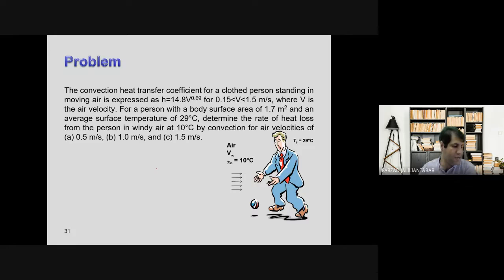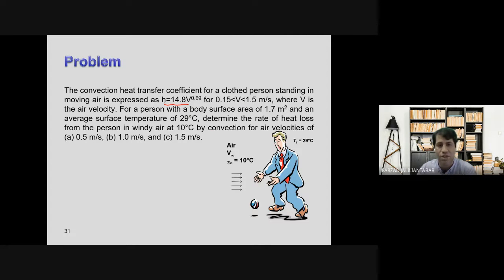Okay, let's see a few examples based on what I told you. The first example here is a simple example about convection heat transfer. The convection heat transfer coefficient for a clothed person standing in moving air is expressed as this. Here we have convection. Why? Because this person is exposed to moving air, so we have fluid in motion around the body of this person.